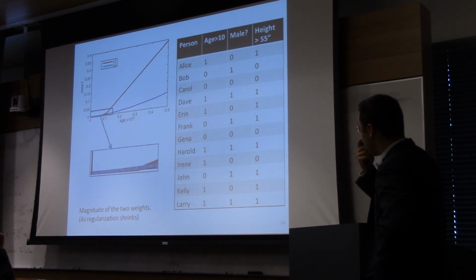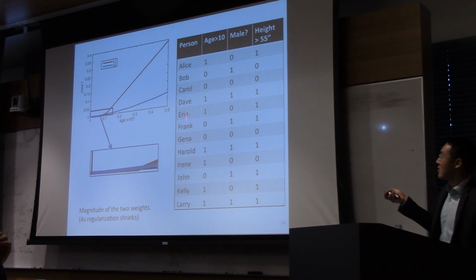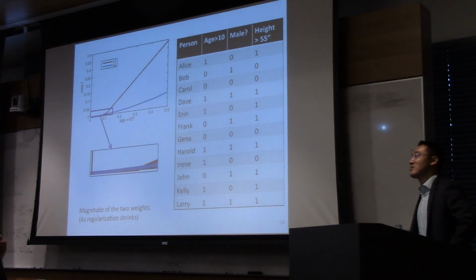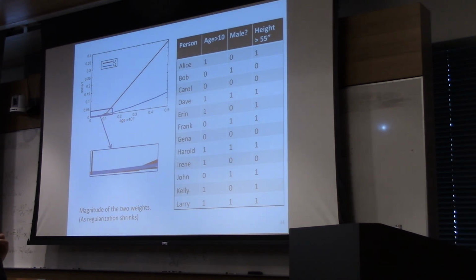So let's zoom in. Remember that L2 regularization really penalizes large W. So even as you make lambda small, it still doesn't want W to be very large because it has a quadratic penalty on the size of W. So both the first component and the second component are not very large.